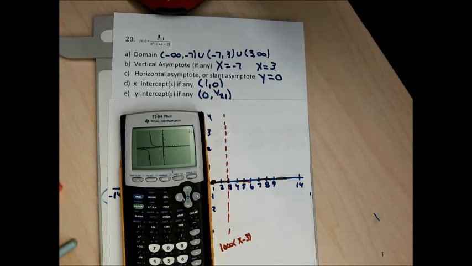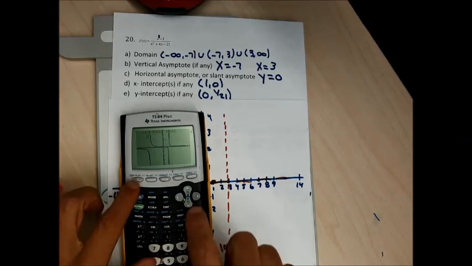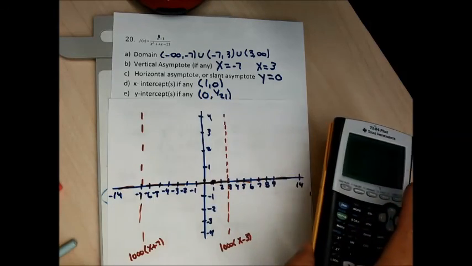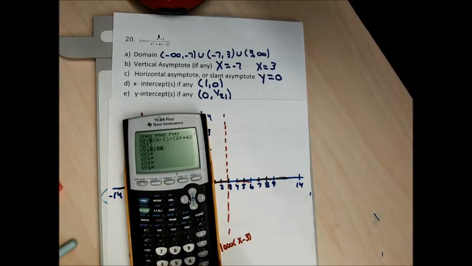That doesn't really bother me so much. If you want to see the asymptotes, we just need to plug them in here. I'm going to go y equals then 1,000 times x plus 7 to see the left one, and 1,000 times x minus 3 to see the right one. Sometimes the graph gets ugly when you see the asymptotes, but there's the asymptotes drawn in for me.